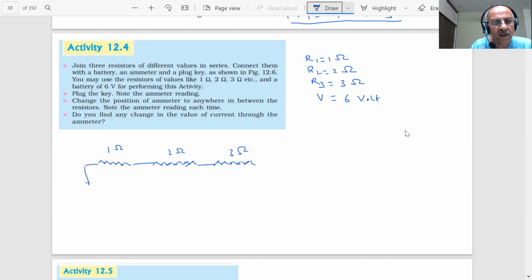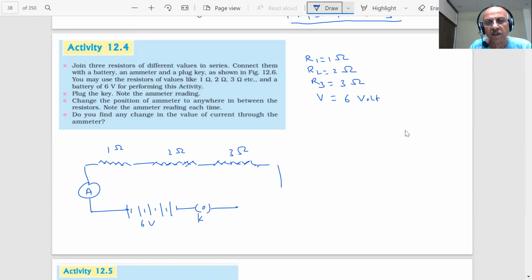Ammeter, 6 volt battery, 6 volt. I am attaching a 6 volt battery. Then you have a key, student. Okay? And then this is the circuit, student.